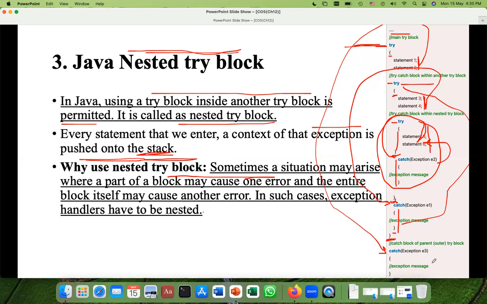So what is the benefit of nested try blocks? Because then you can handle different exceptions which can occur at different positions in your program. So this is what is written here.